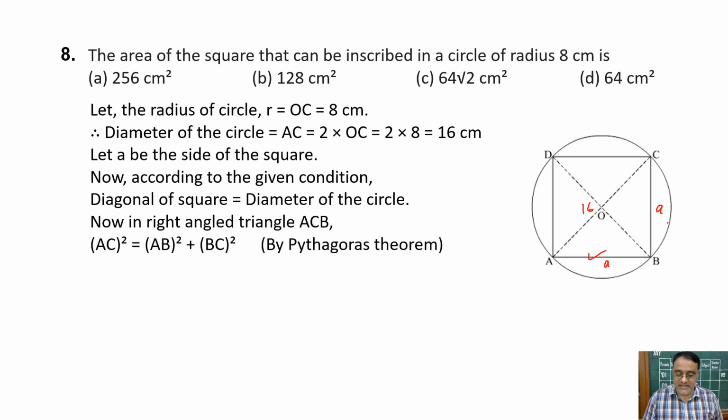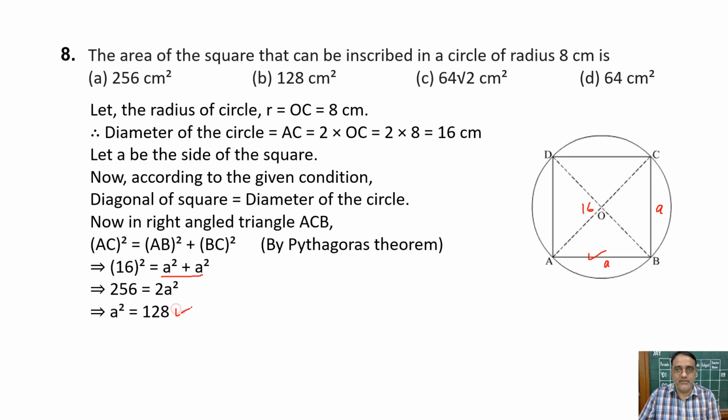Now AC is 16 and AB, BC both are a. 16 square is 256 and this will be 2 times a square. So 2 times a square is equal to 256. So a square is equal to 128. What is a square? This is the area of the square.